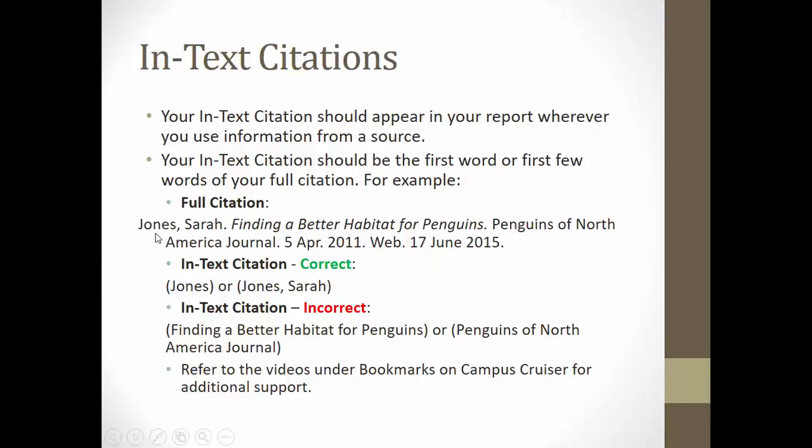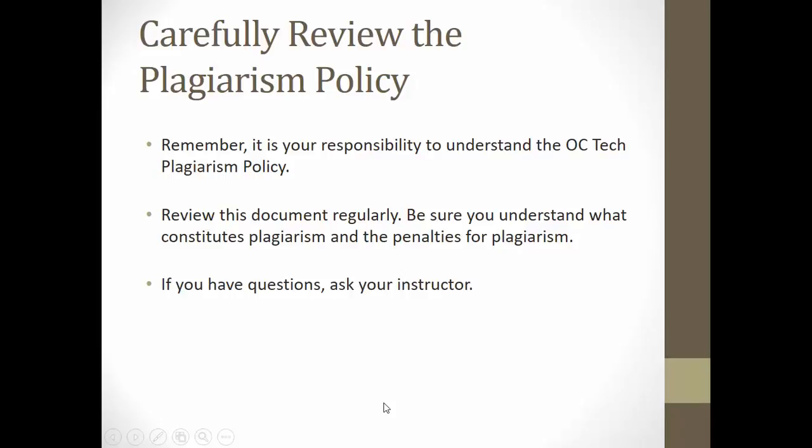We would find one that begins Jones, and this information, or these two pieces of information, are in there, but it doesn't begin it. And so you want your in-text citation to always be however your full citation begins. Okay? So hopefully that has cleared that up for you.